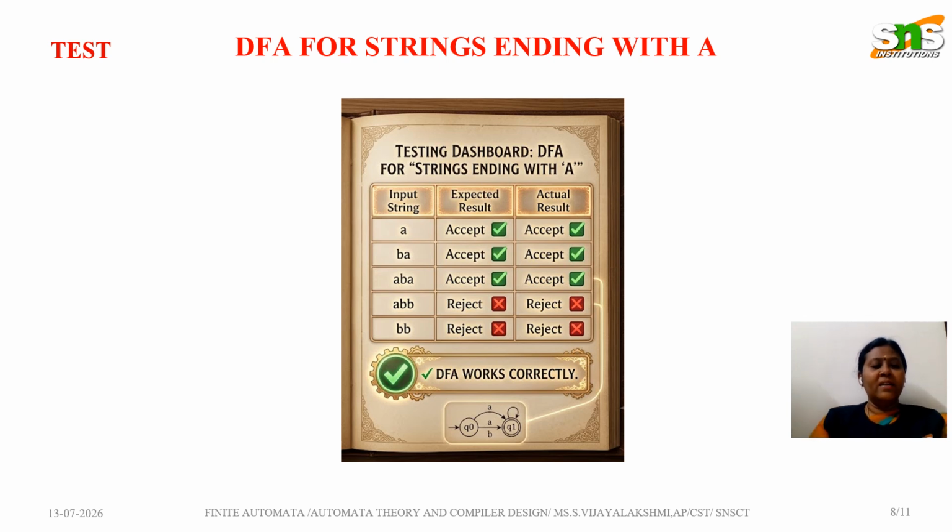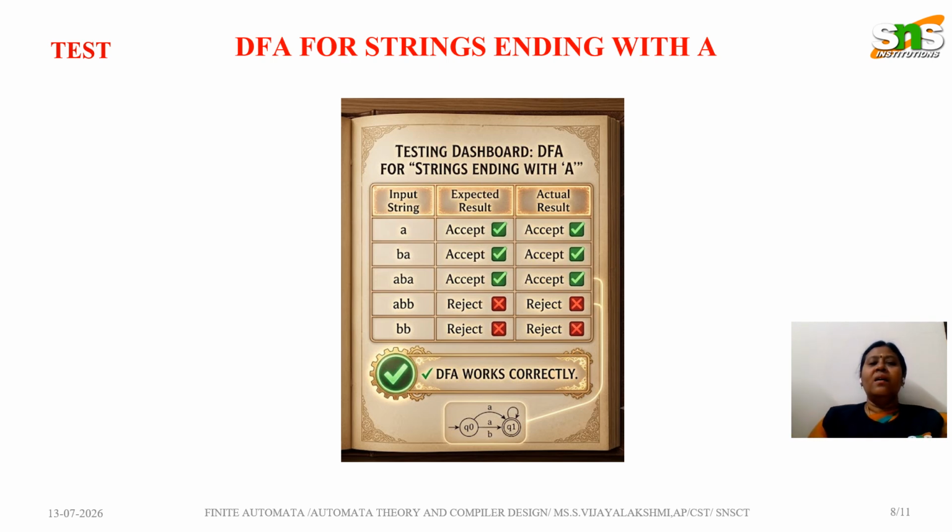Finally it decides whether it accepts or rejects the string. If the machine ends in an accepting state, the string belongs to the language. Otherwise, it is rejected. So: alphabet, symbol, strings, language, finite automata, and accept or reject.